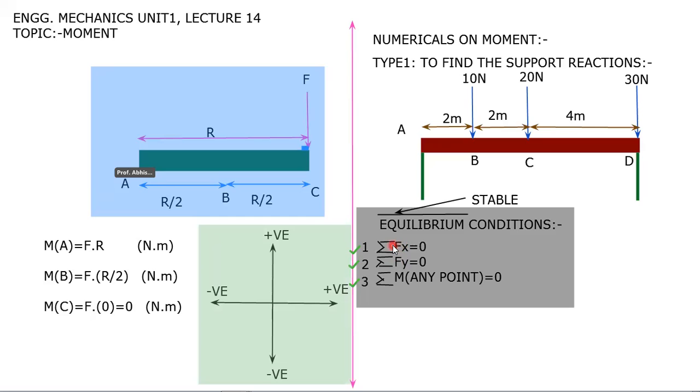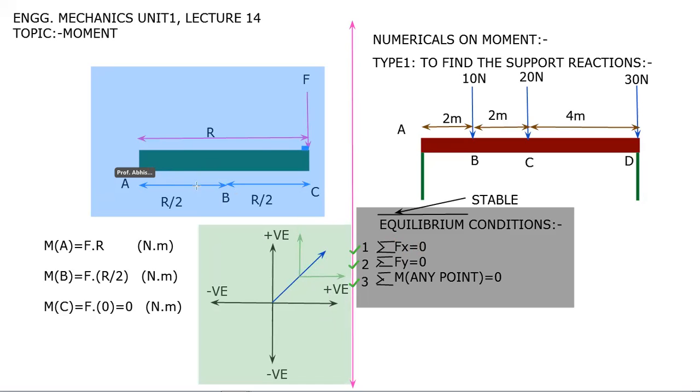Remember this thing: summation of forces acting in the x direction. Suppose one force is there. We will split this force into two components, one parallel to the x-axis and one perpendicular to the x-axis, meaning in the y direction.